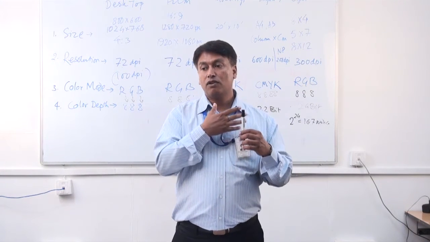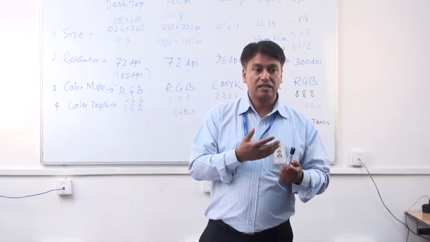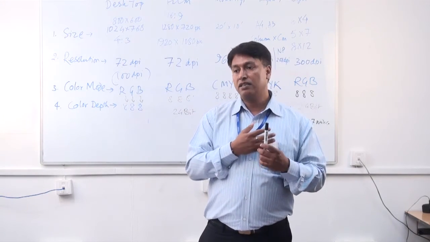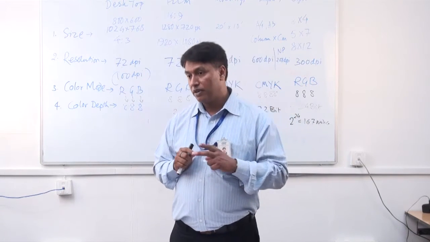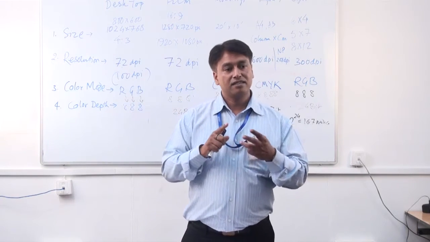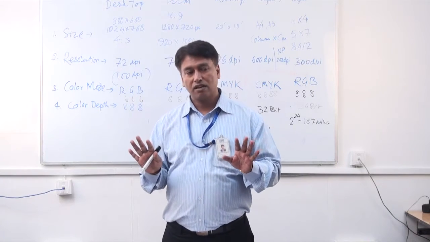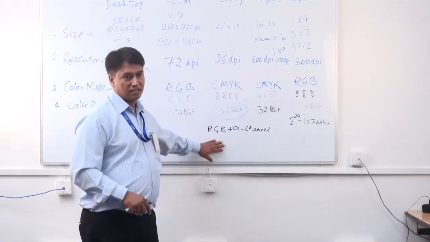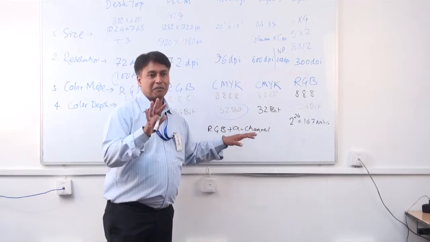So that's why for those animated, computer-generated characters, we have to render them in RGB plus alpha channel. So there are two types of 32-bit images. One is CMYK image and the second one is RGB plus alpha channel. Got it? So you must be knowing this. And this alpha channel we can create in Photoshop also.